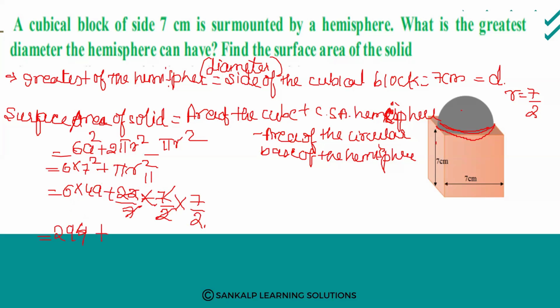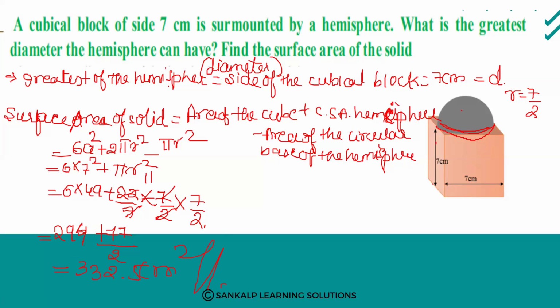6 into 49 is 294, plus 11 into 7, that is 77, divided by 2. So 294 plus 77 divided by 2 is 332.5 centimeter square, the total surface area of this solid.